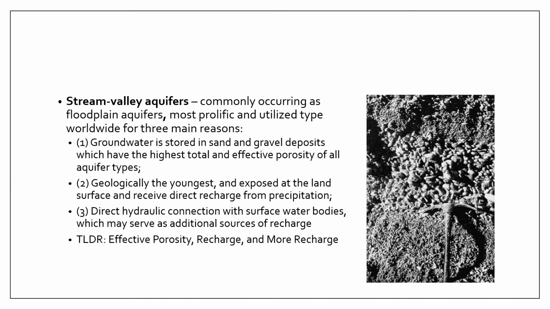So, to summarize, the importance of stream valley aquifers hinges on their high effective porosity and their direct recharge, and also the additional recharge that they get from adjacent rivers or streams.